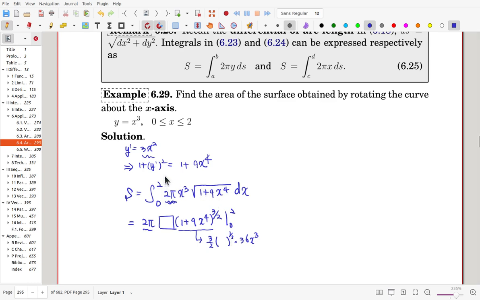I guess we didn't make any mistake. So that is 36x cubed, and that one becomes 18 times 3. So what is that? That is 81. Okay, that is 18 times 3.